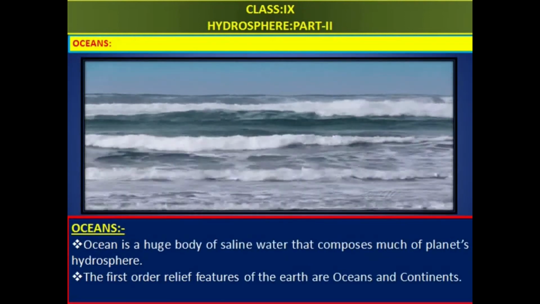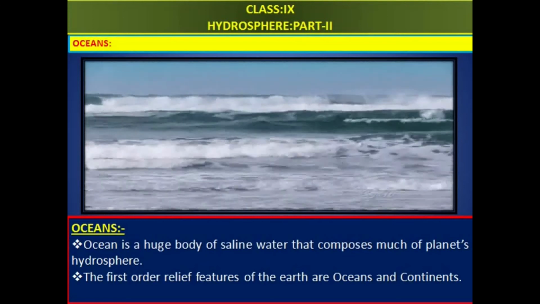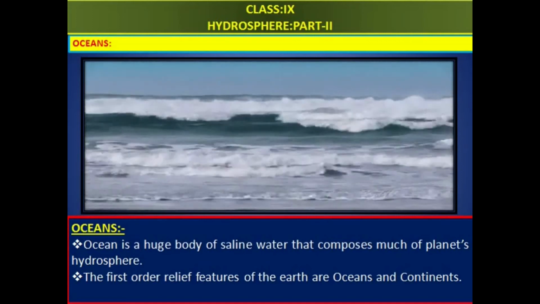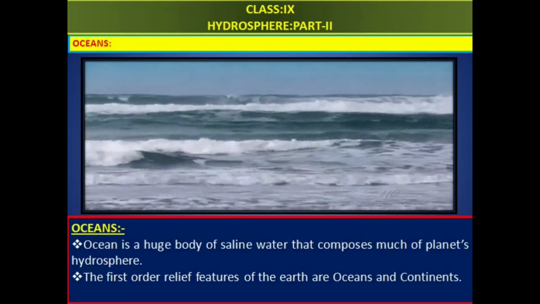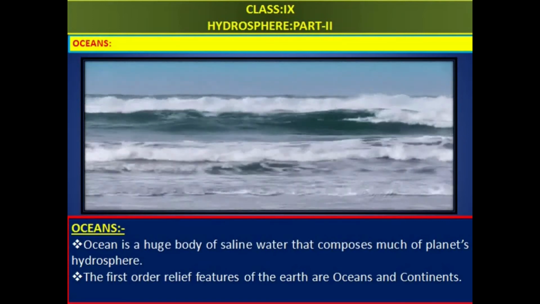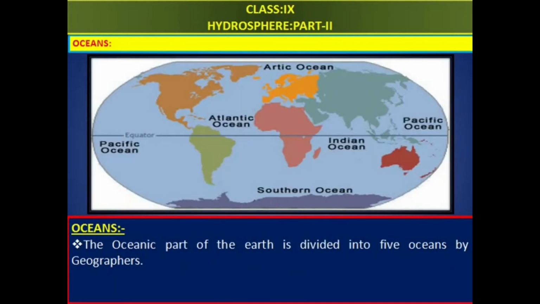Now let us learn about oceans in detail. Ocean is a huge body of saline water that composes much of the planet's hydrosphere. The first order relief features of the earth are oceans and continents. The oceanic part of the earth is divided into 5 oceans by geographers.